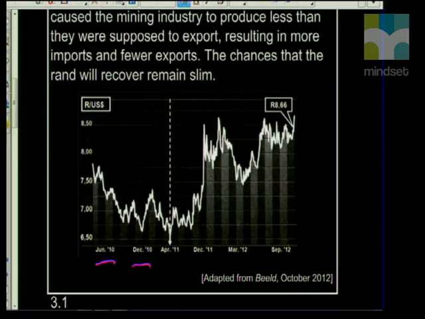The lowest ever was in April 2011. But since December 2011 it started performing badly. In other words, the rand lost value as we move on through the years until September 25th, where we're at the 8 rand 66 mark.